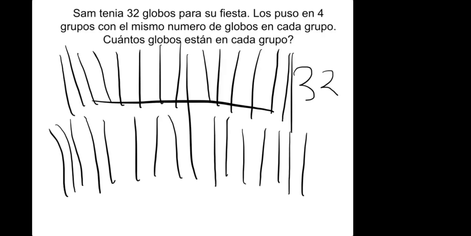So let's see. 1, 2, 3, 4, 5, 6, 7, 8, 10, 11, 12, 13, 14, 15, 16, 17, 18, 19, 20, 21, 22, 23, 24, 25, 26, 27, 28, 29, 30. 31, 32.